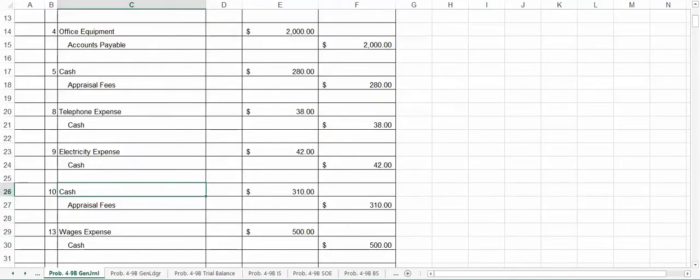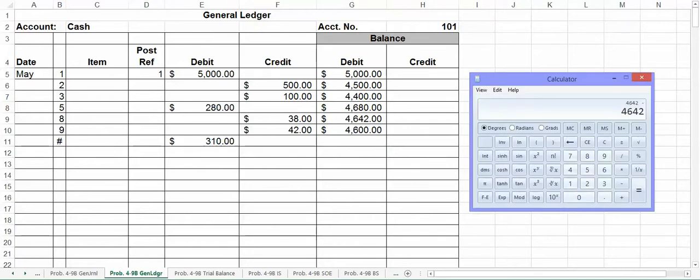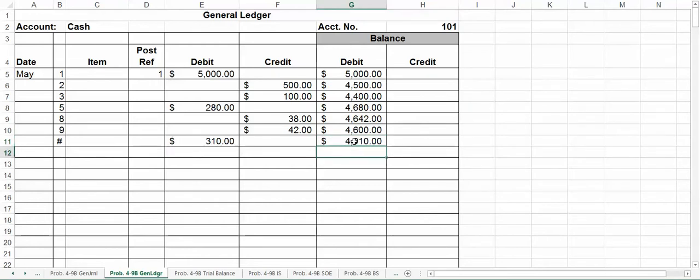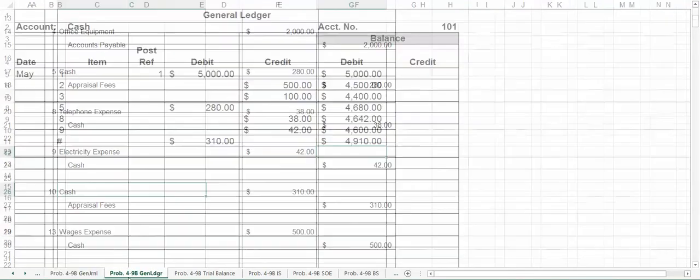Cash, we earned $310 on the 10th. So that's $4,910. And then appraisal fees for the same amount.